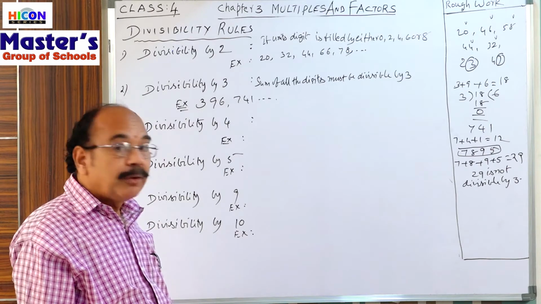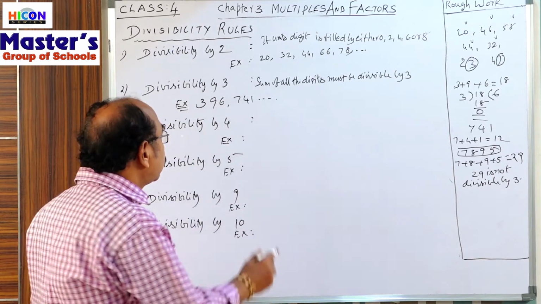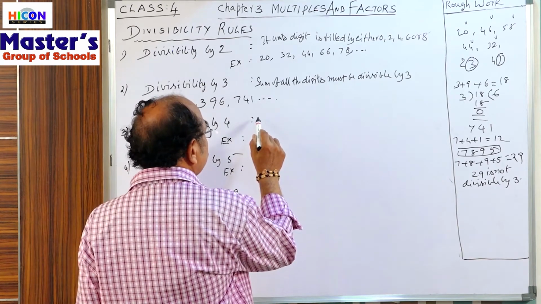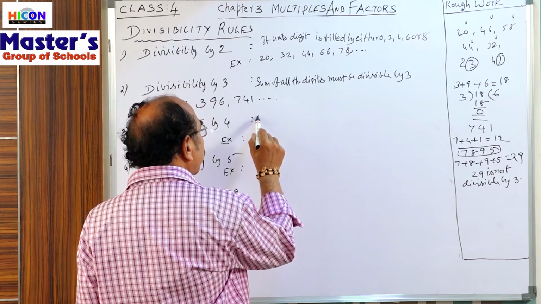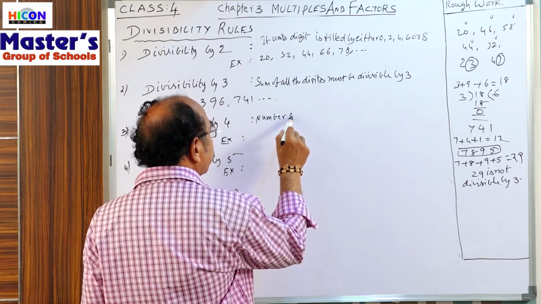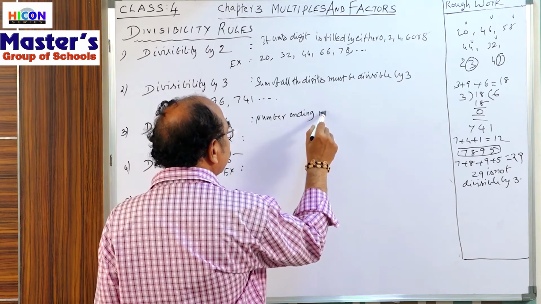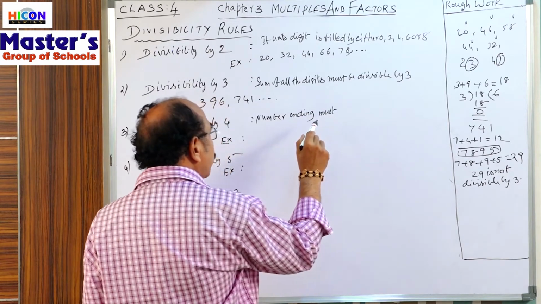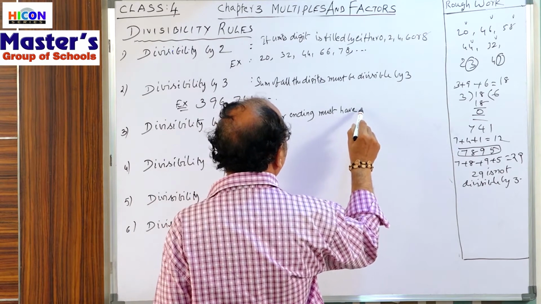Let us study one example. So, shortcutly we can write that the number ending must have 2 zeros.